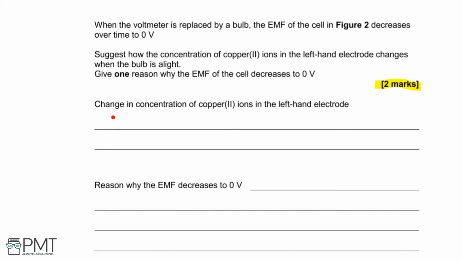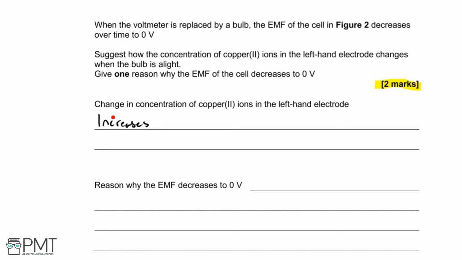And this means that over time, once the cell's connected, we're going to slowly see a net movement of these ions from the higher concentration to the lower concentration. This is diffusion. So what we can expect to see is that the concentration of copper-2 ions in the left-hand electrode increases as the concentrations begin to level out between the two electrodes.